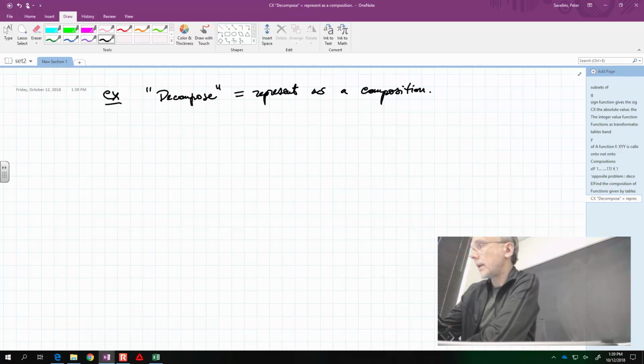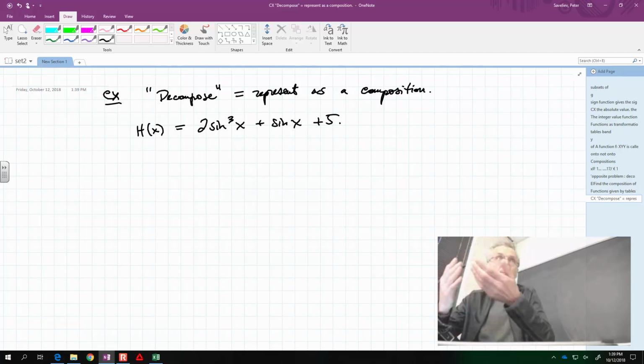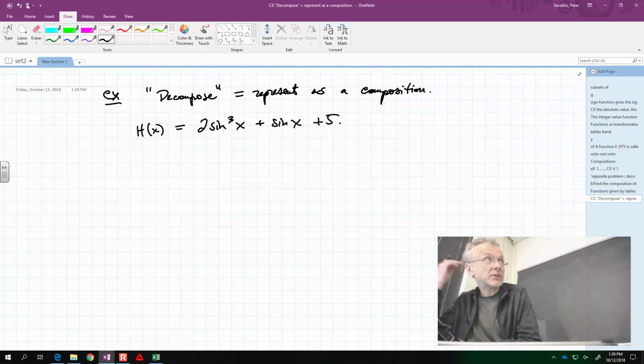Okay, the function is, say, 2 sine cubed x plus sine x plus 5. Once again, if you don't know what sine is, you don't care. All you need to know is that it's a function of x. Sine is the name of the function. You can just as well think about sine as maybe it's a sin, not sine. That doesn't make any difference.